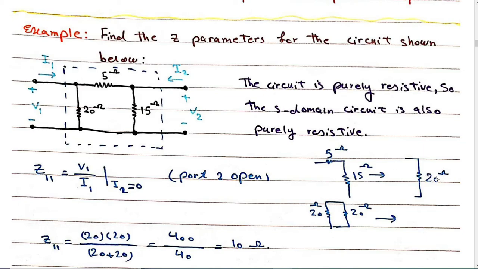This 20 will be in parallel with this 20 ohm resistor. Because this is purely resistive, the equivalent resistance will be 10 ohms. So V1 divided by I1 is Z11, which is the equivalent resistance you see over here, 10 ohms.